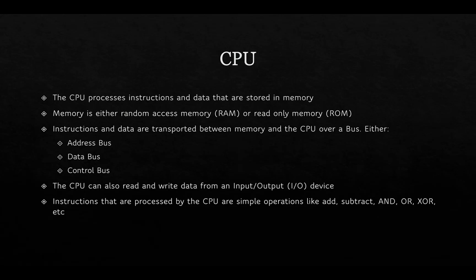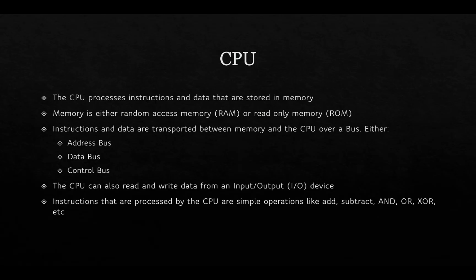Data buses will communicate the data that is fetched from memory or disk. And the control bus will control peripherals and other devices by telling them when they can be written to or read from, and other things.